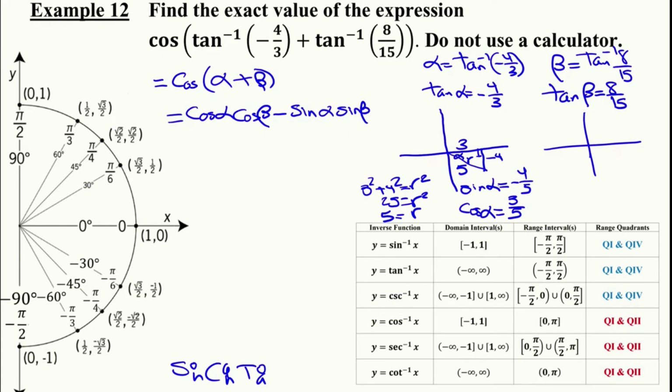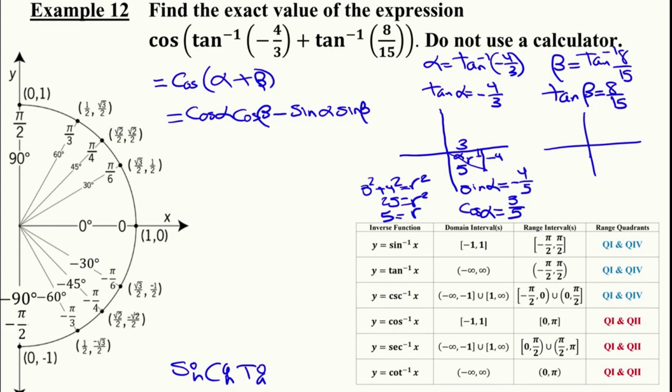we're going to set up now an angle beta whose tangent is 8/15. So in other words, some angle between -pi/2 and pi/2 whose tangent is positive. So that means it has to be here, because here tangents are negative, so it can only be here.